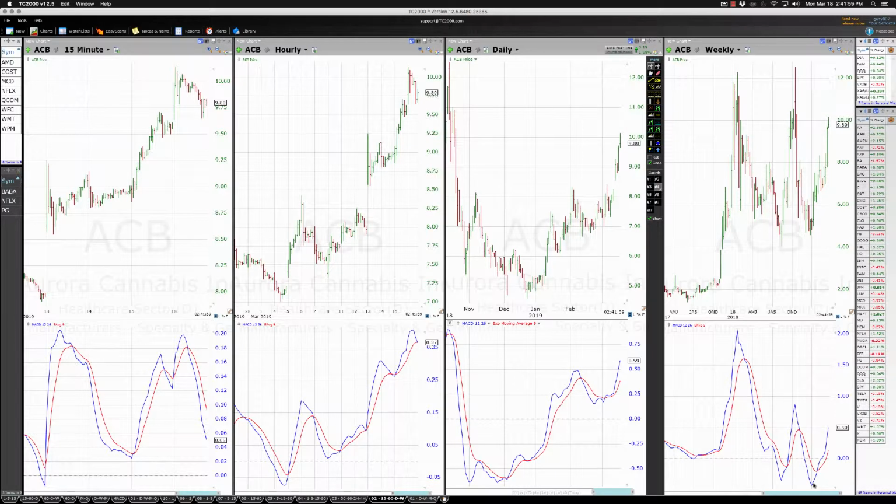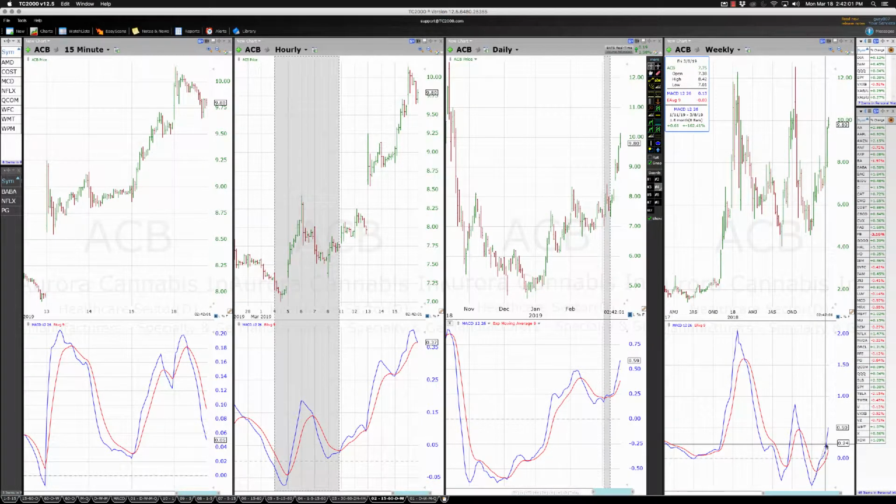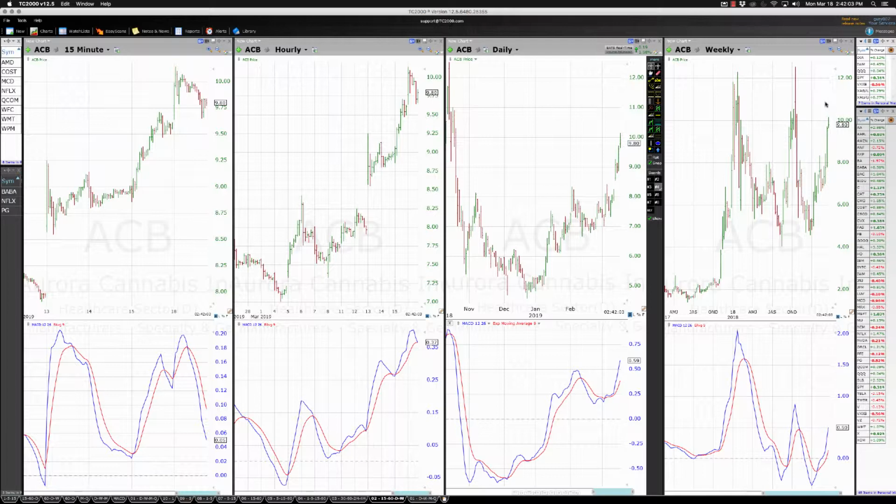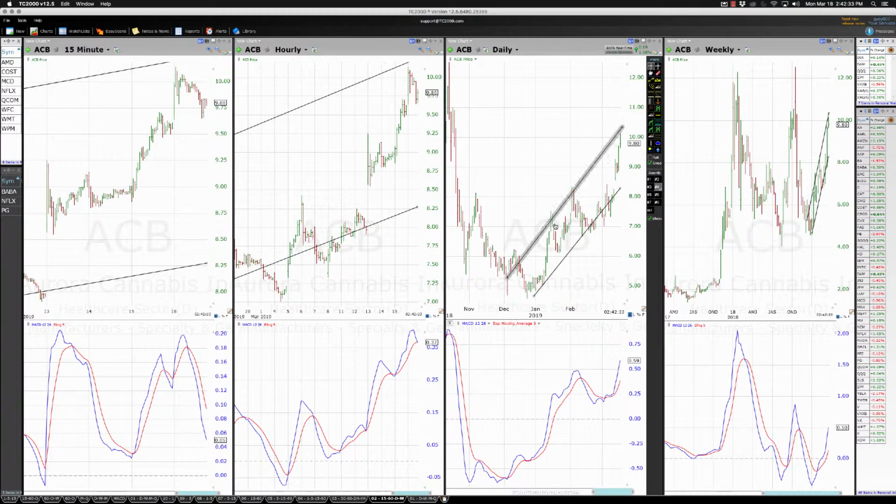As the weekly turned, we establish the uptrend and the continuation on the long term, and so this is what it looks like. So take a look at how we establish the uptrend, and then we have these channels on top and bottom of the price, and every time the price visits the top of the channel, it regresses, and then it visits the bottom of the channel, and it continues like this.